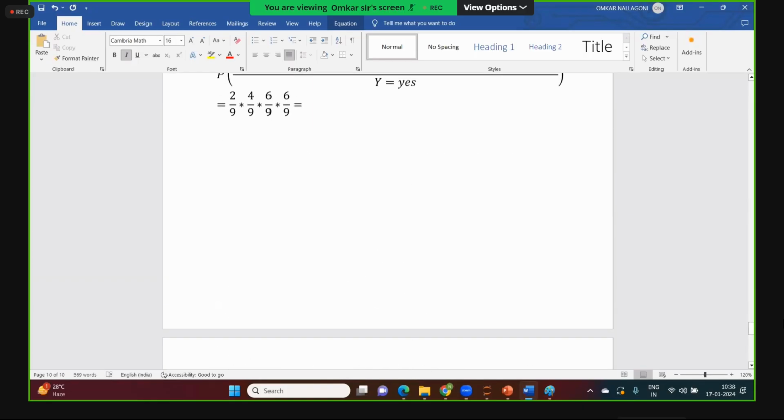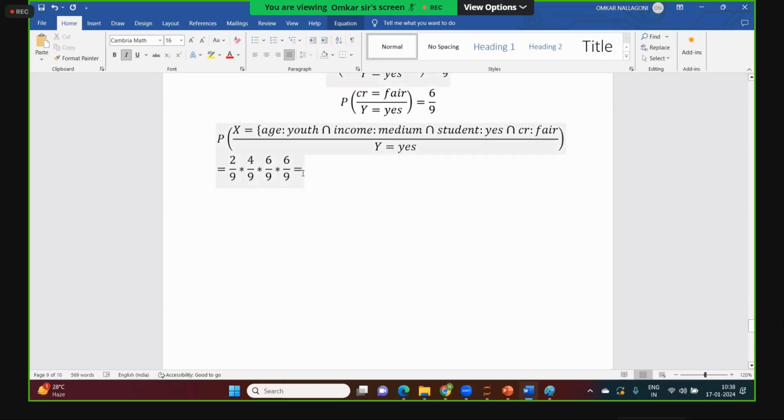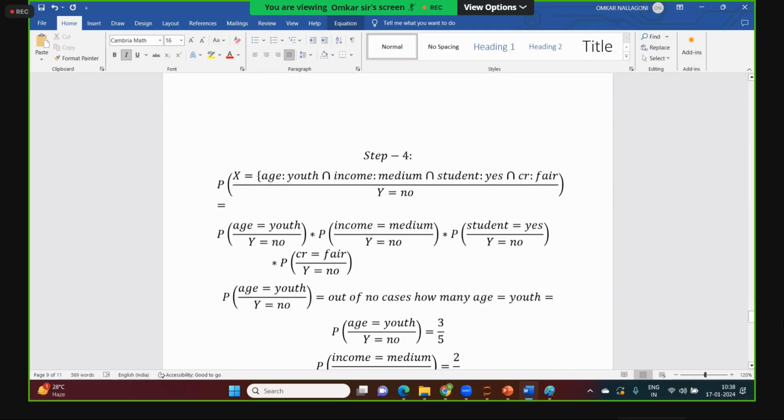What is the step 3 answer? How much is coming? 9 9s are 81. 81, 81. 32 by 288 divided by 6561. How much? 0.044.